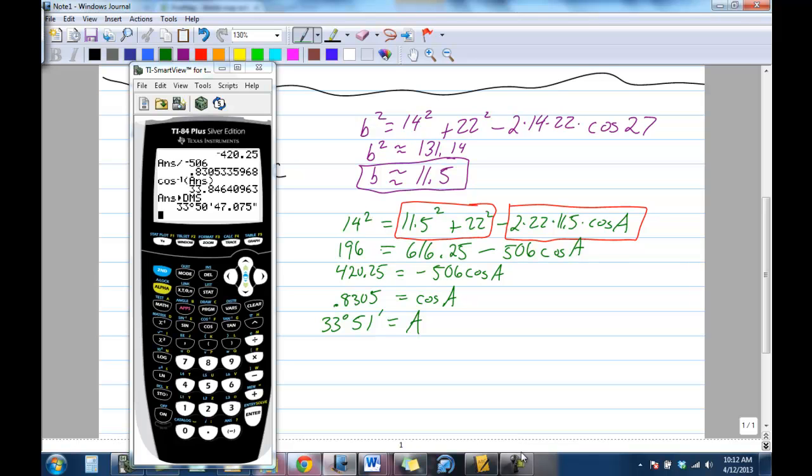Well, think of a clock. When is more than half of a minute up? After 30 seconds, right? So when we're doing degrees, minutes, seconds, when you look at the seconds, if it's 30 seconds or greater, that's when you round up. If it's less than 30 seconds, you're going to keep it as whatever minute is there right now. So angle A is 33 degrees, 51 minutes.